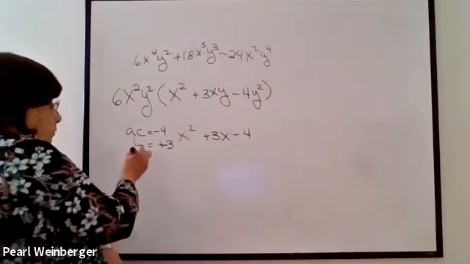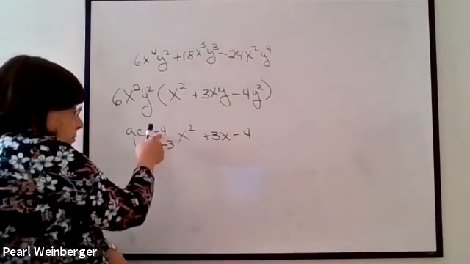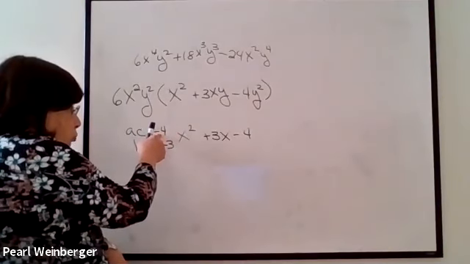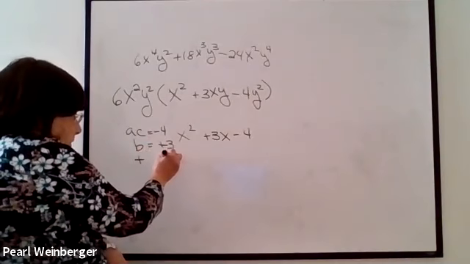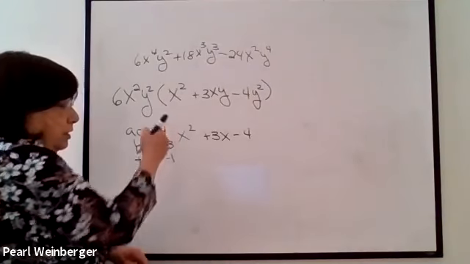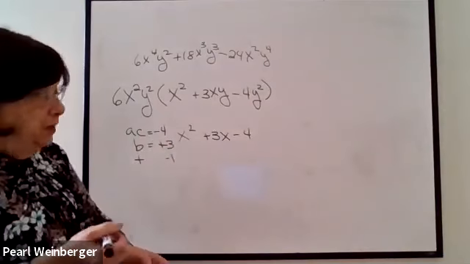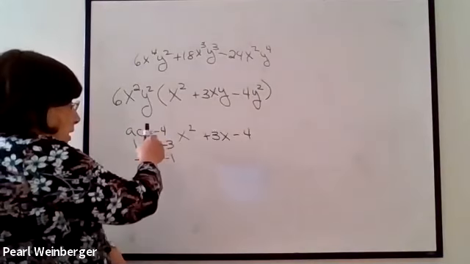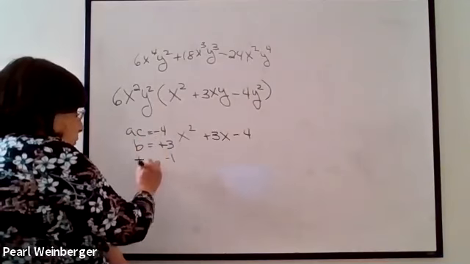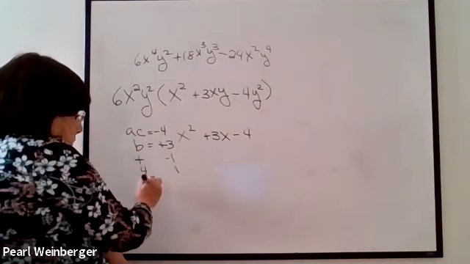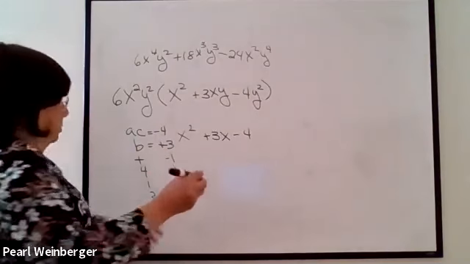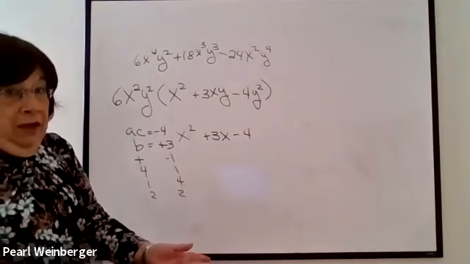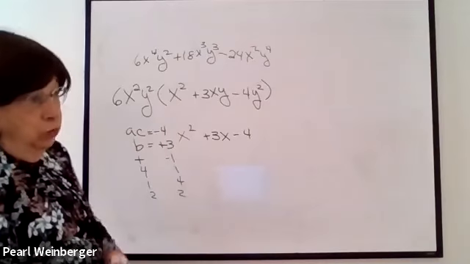So I'm looking for numbers that multiply to negative 4. So one's going to be positive and one's going to be negative, because the only way we're going to get a negative answer is if one is positive and one is negative. And either it can be 4 and 1, or 1 and 4, or 2 and 2. Those are the only things that multiply to 4.